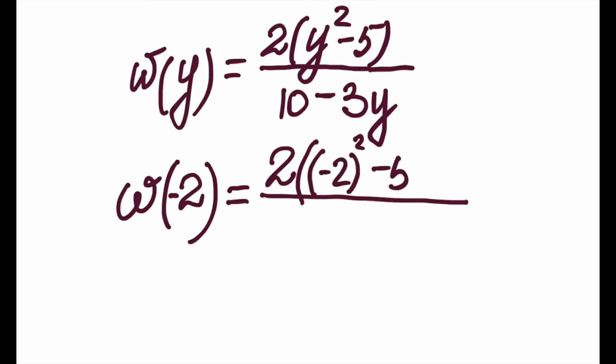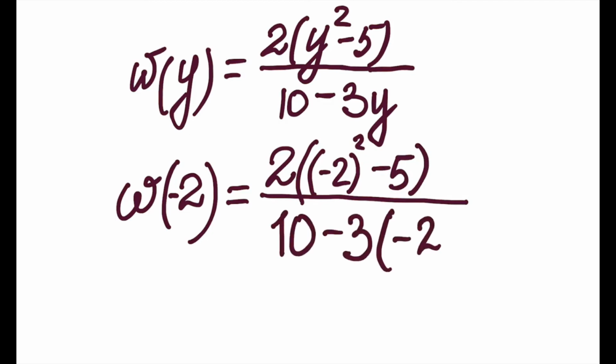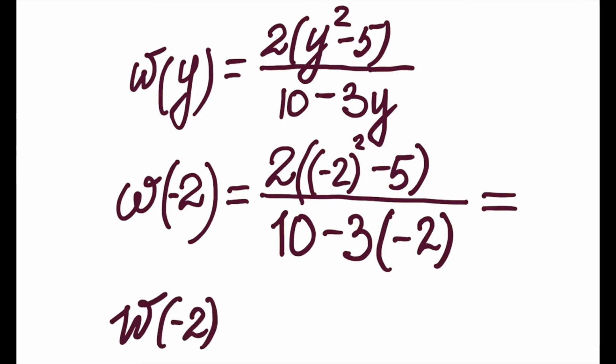squared minus 5. And then 10 minus 3 times negative 2. This is the mechanical part where I just took the negative 2, which was my y, and I plugged it in all the places where y had been. So then my w at negative 2 is going to be, so this negative 2 squared, a negative number squared is a positive number, so that's a 4.